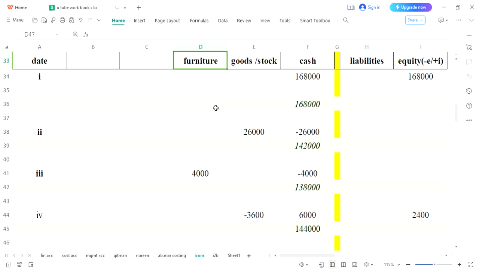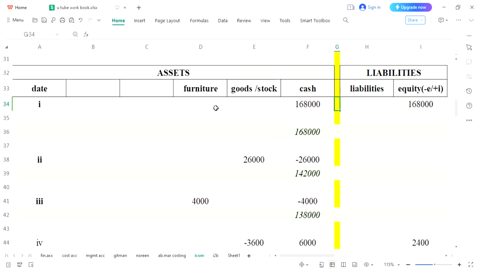Okay, now we will calculate total of goods. Here we have goods. First entry was 26,000. No other entry was present, so its total would be 26,000 over here. And again, nothing is present in this side, so same total you will be writing over here.